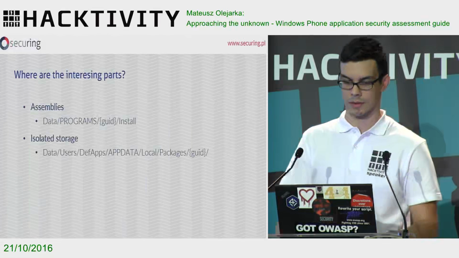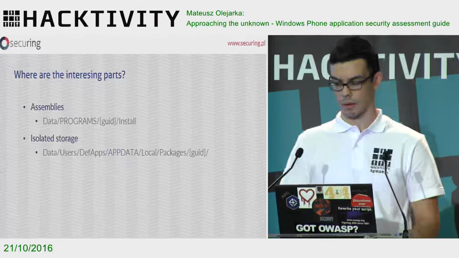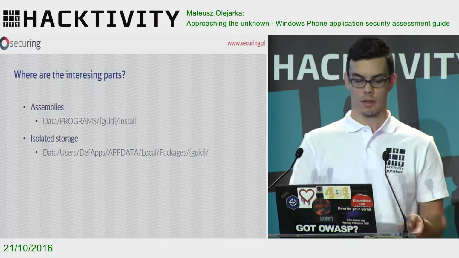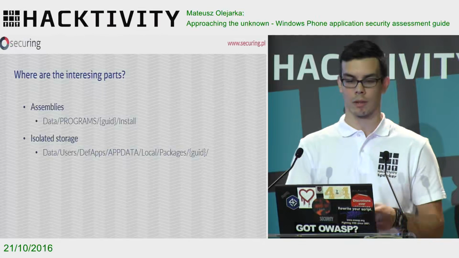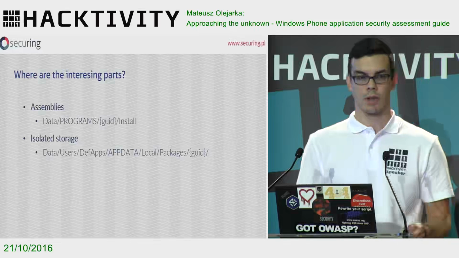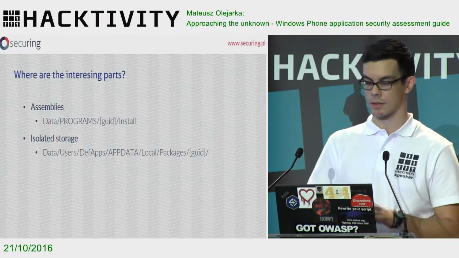The second important thing is isolated storage, the place where each application gets its own folder, which is inaccessible from other applications. It stores their files, and the application creates some config entries. Every piece of application data is put there.